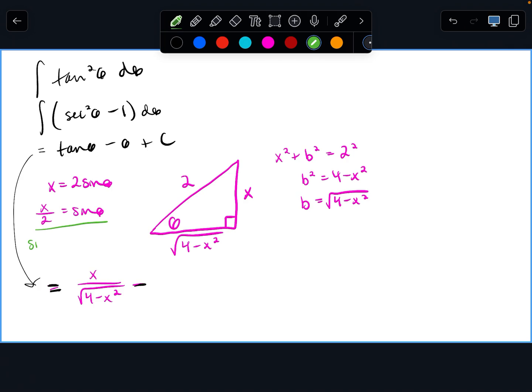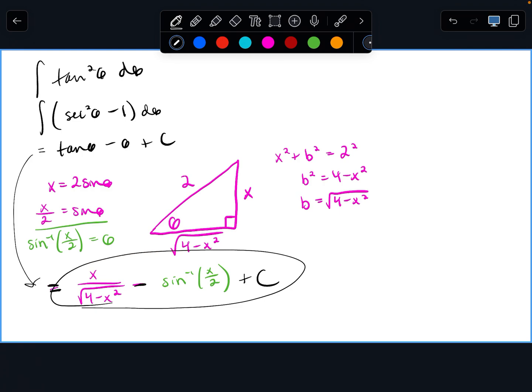It's just a little inverse sine. That's how you get theta alone, right? It's good times. Plus c. Yay. That's hard. There you go.